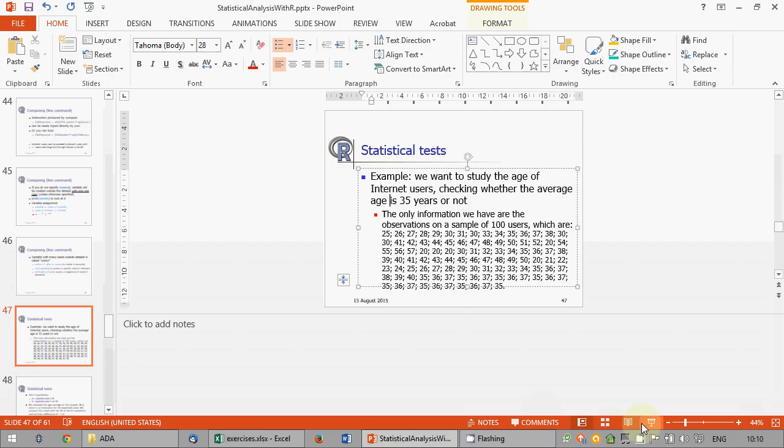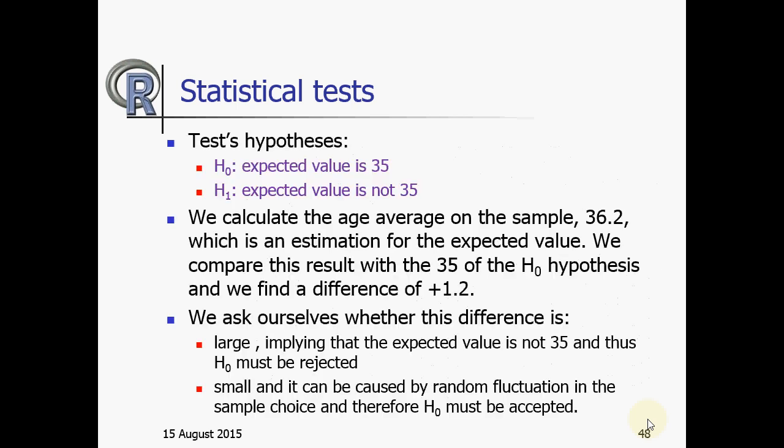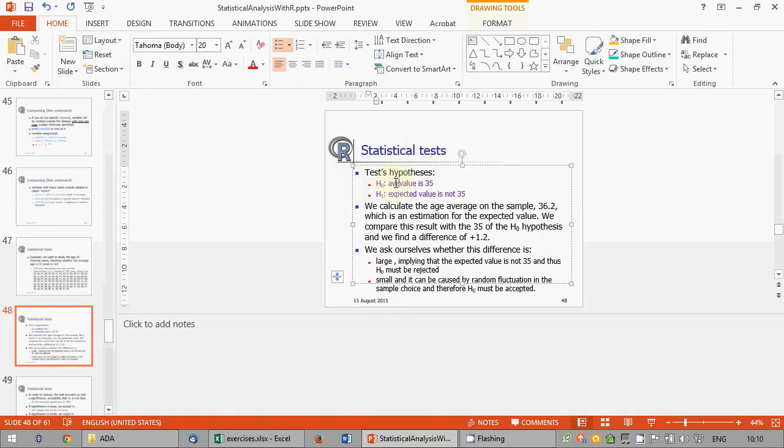Okay, let's see, what will you do to check whether the average of the population from which the sample comes is 35? Well, what every person will do is calculate the average on the sample. So you have your hypothesis, average age.